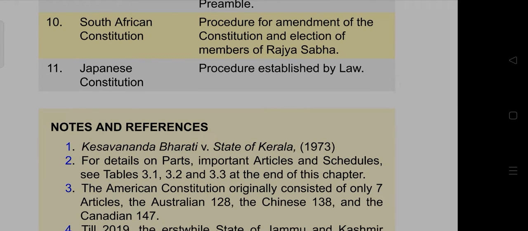Tenth, South African Constitution: the procedure of amendment of the Constitution and the election of members to the Rajya Sabha. And eleventh, Japanese Constitution: procedure established by law. Here we complete chapter number 3, salient features of the Constitution. Please look into the other tables given at the end of the chapter.